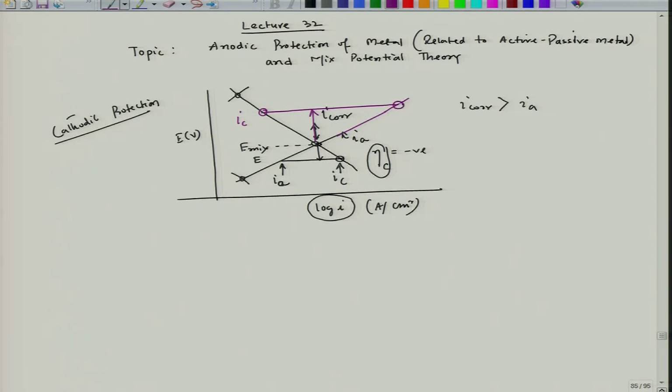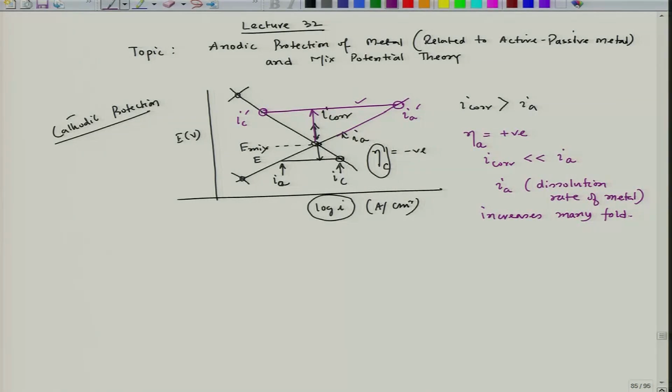But if we see I A prime or I C prime, in this case where eta is positive, or it becomes anodic overvoltage, then I corr would be much lower than I A. So, that means I A, or the dissolution rate of the metal, increases manifold.